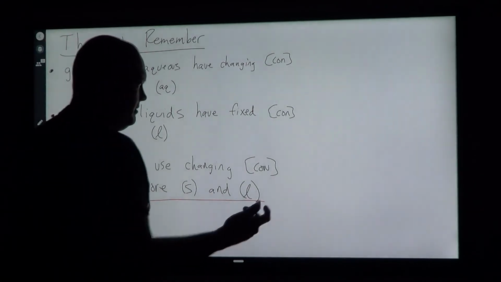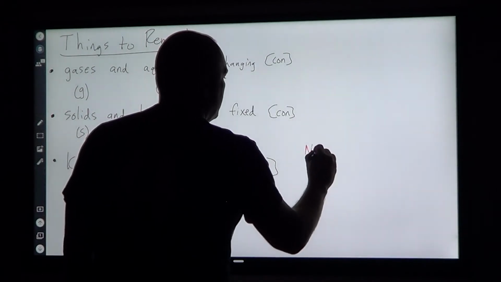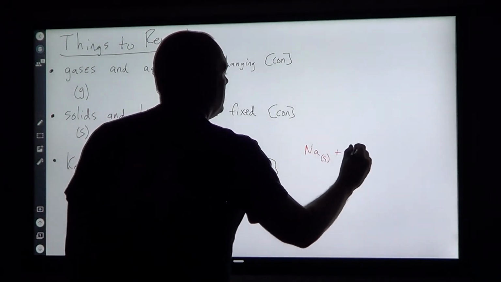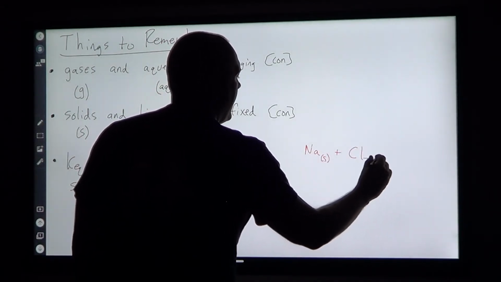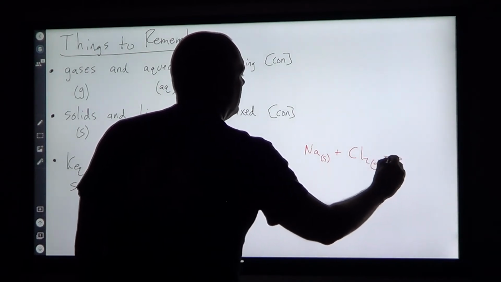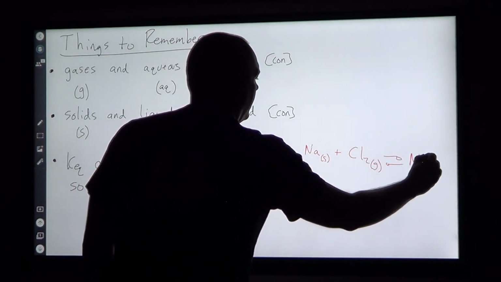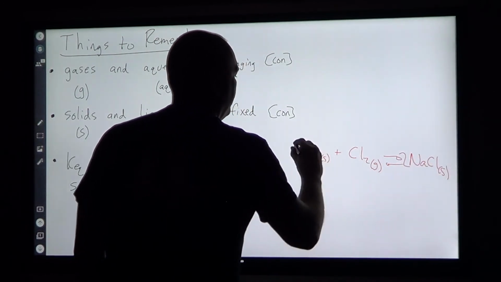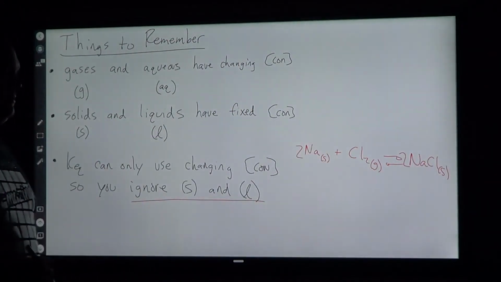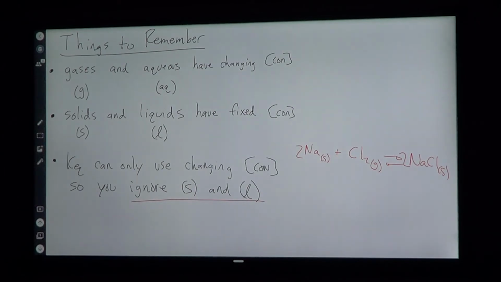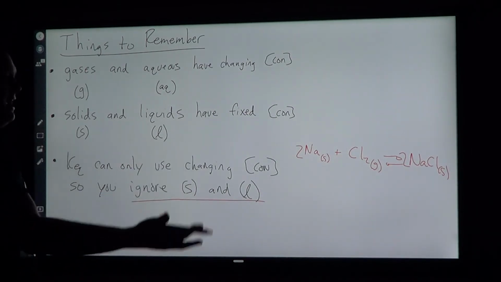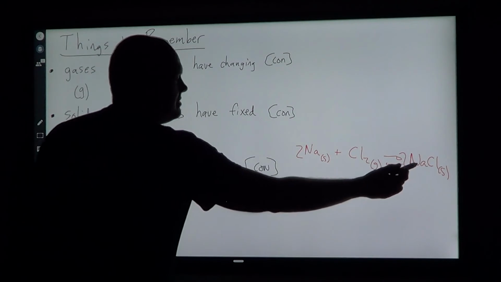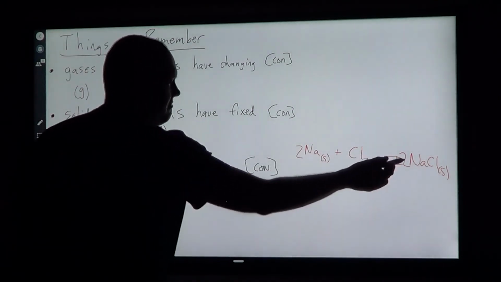So for example, if we have Na solid plus Cl2 gas at equilibrium with NaCl solid, and we'll put a 2 there and a 2 there, you don't have to create an equilibrium constant with the sodium chloride or the sodium because they're both solids.